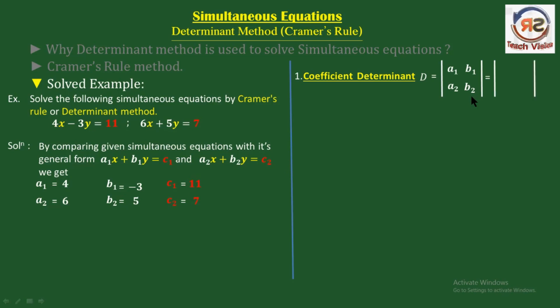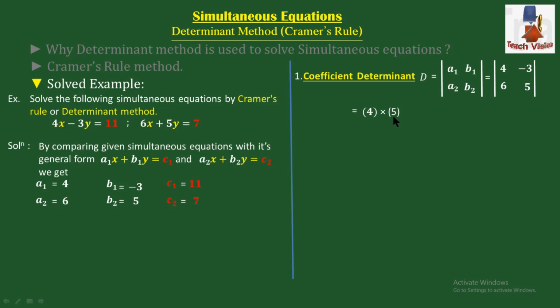By putting the values, where a1 is equal to 4, a2 is equal to 6, b1 is equal to minus 3 and b2 is equal to plus 5. Now we have to find the value of this determinant by taking two products diagonally. First is positive and second is negative.